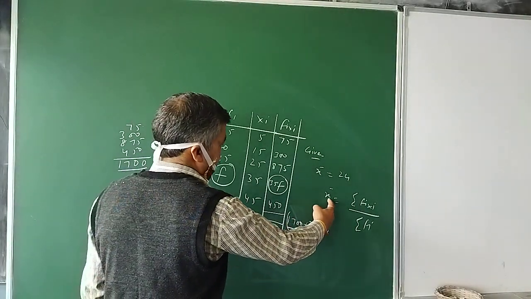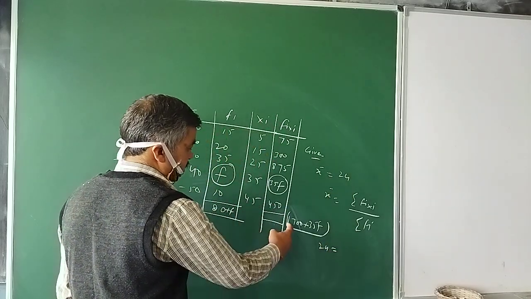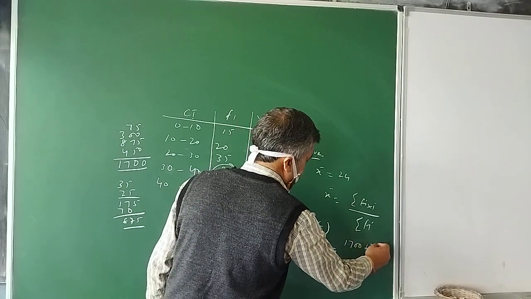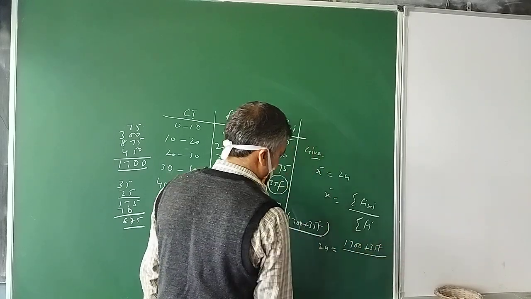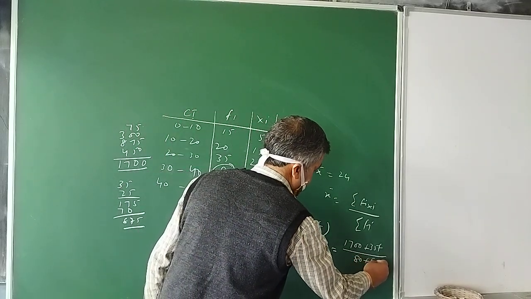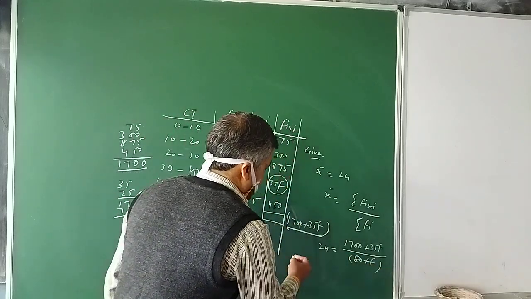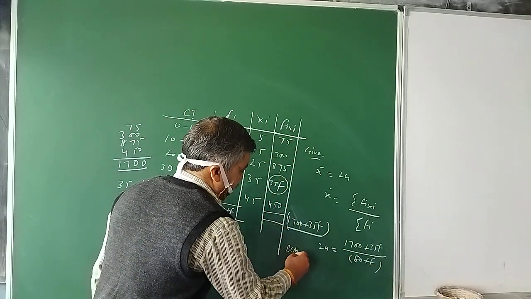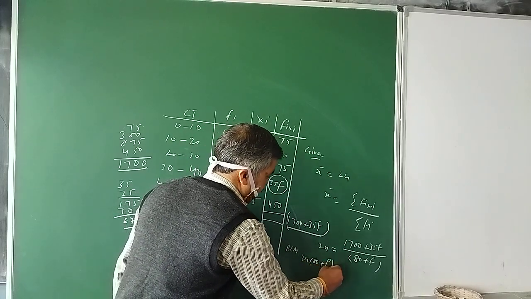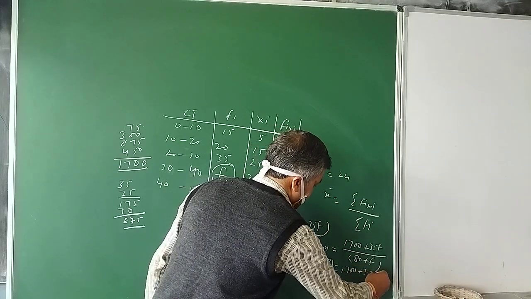Now I can use this formula where the mean is given to me: 24 is equal to the sum of fi xi, which I got as 1700 plus 35F, divided by the sum of all the frequencies, which is 80 plus F. If you cross multiply, I reach 24 into 80 plus F is equal to 1700 plus 35F.